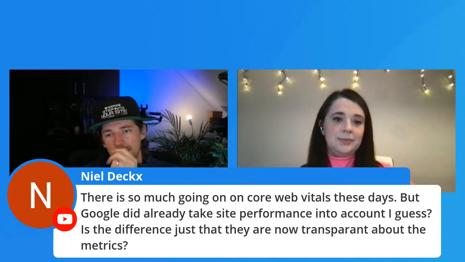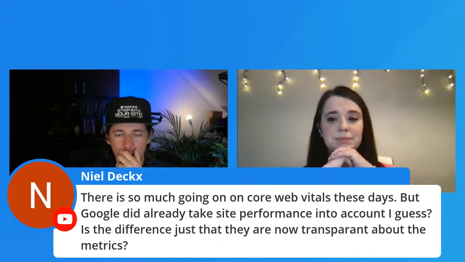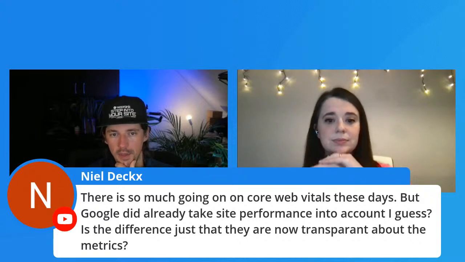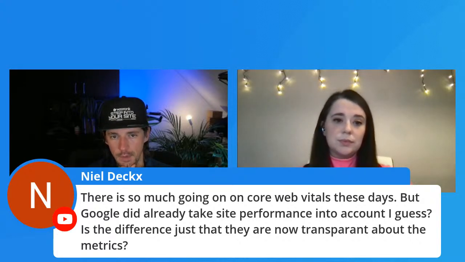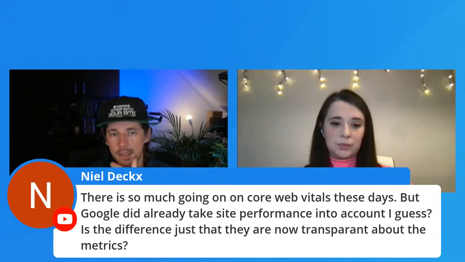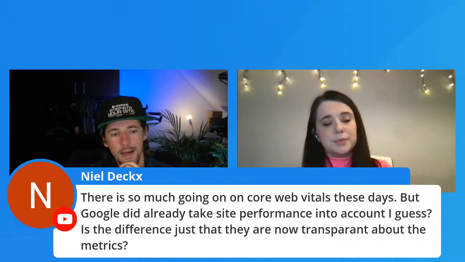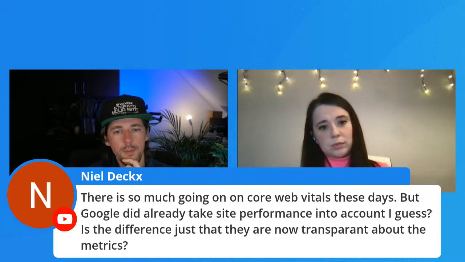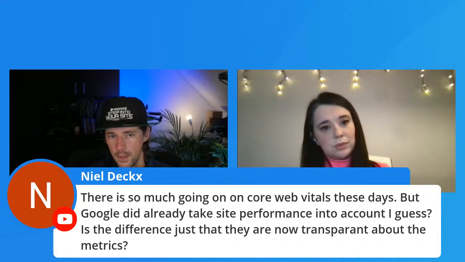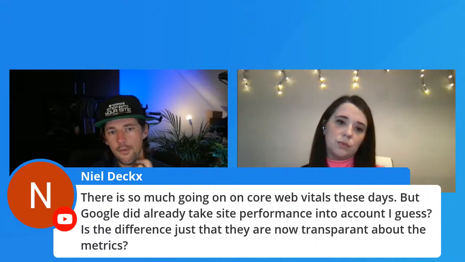I see it's a 2-part question, and I think the part about whether the difference is just that they are now transparent about the metrics is the answer to the question. Google used to be very closed about what's going on in their algorithms, very black box.